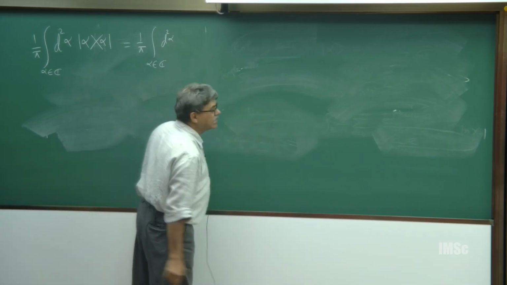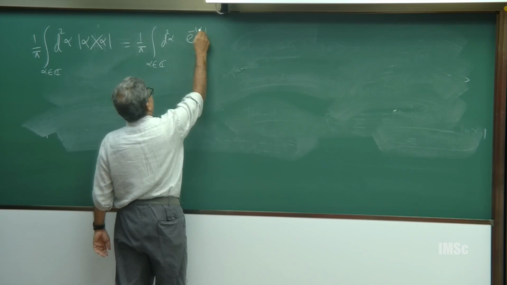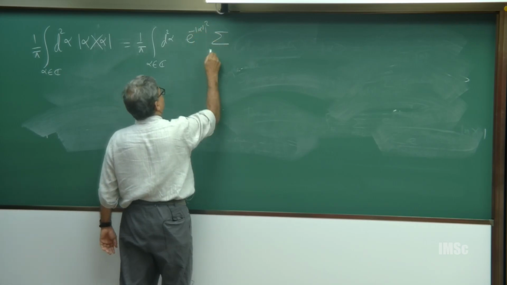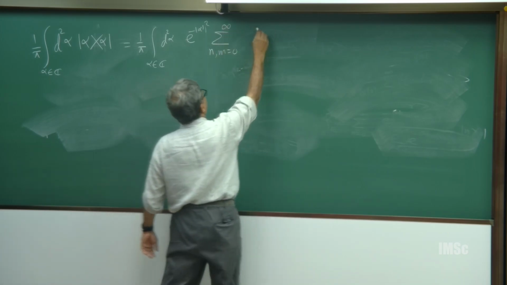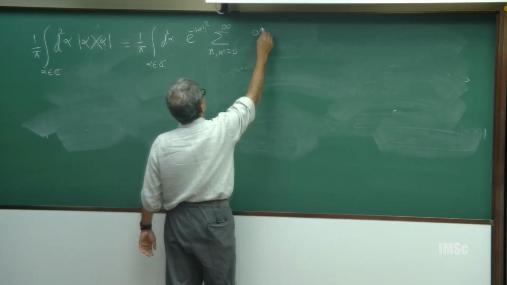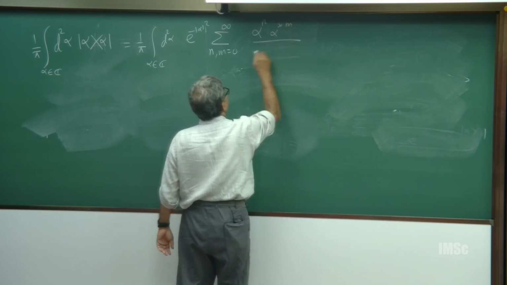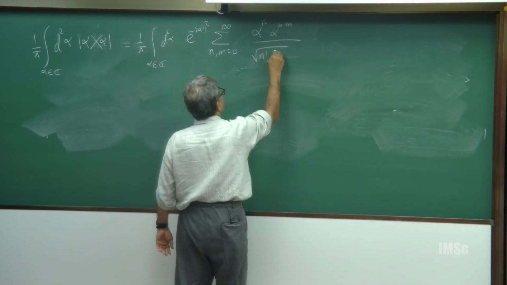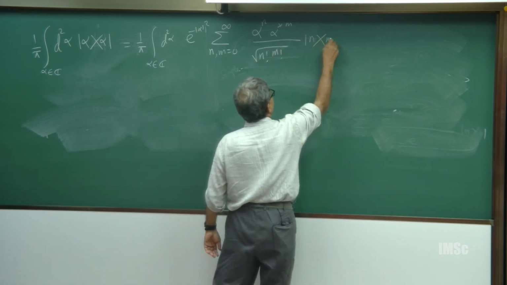Now, I have erased that part, so let me write it again. What will that be? Alpha to the power n, alpha star to the power m, over square root of n factorial m factorial. This is for n and m, right?